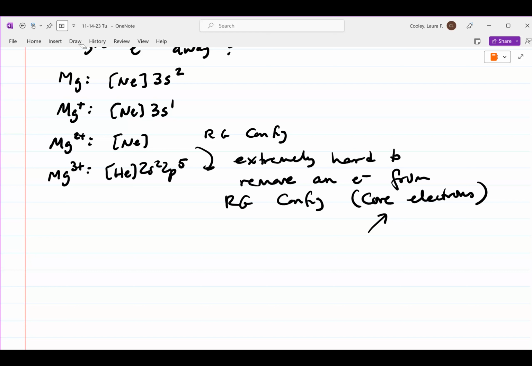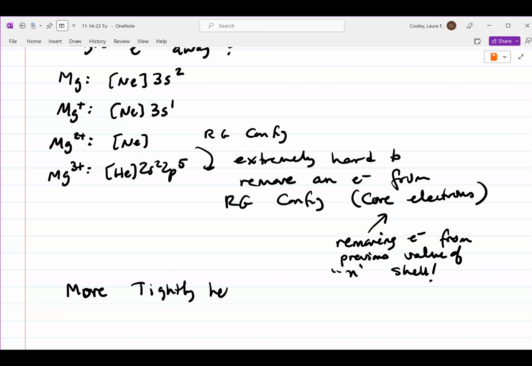So if you start taking away an electron from the core, you're removing an electron from a lower value of n shell, which is closer to the nucleus and more tightly held.